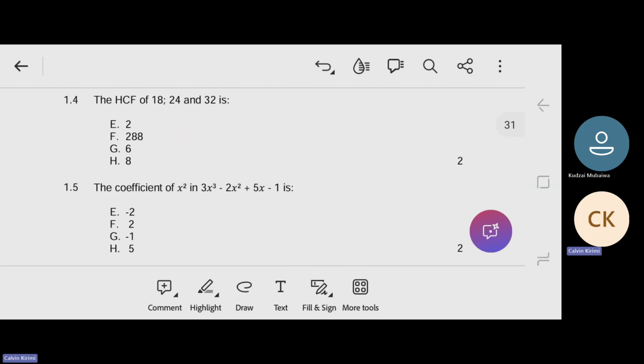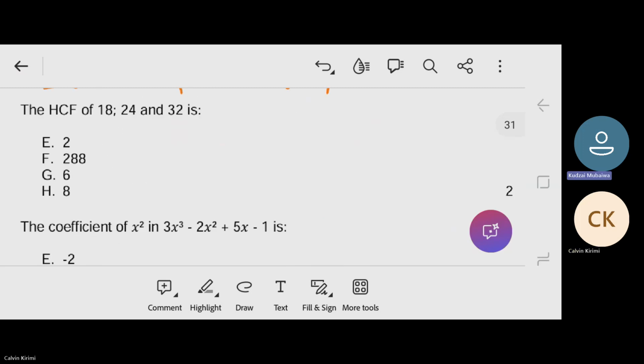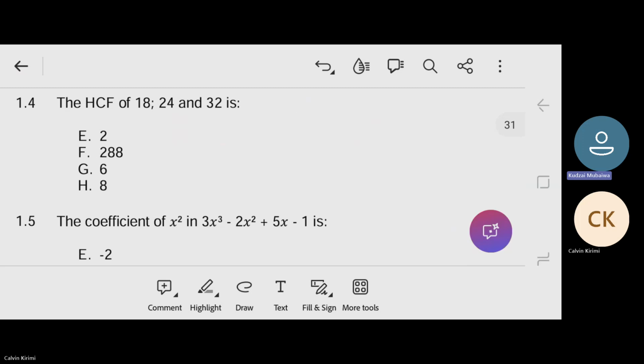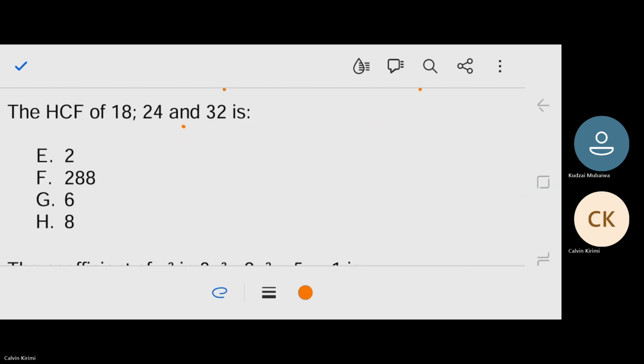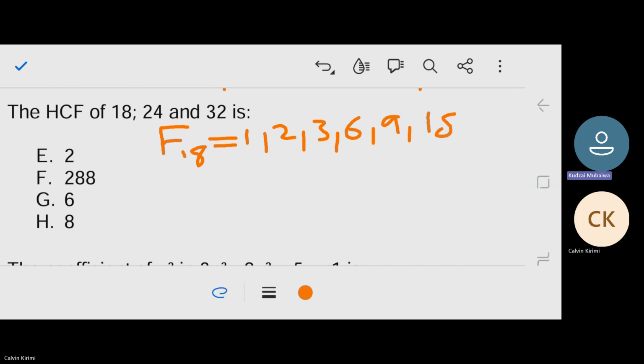Highest common factor of 18, 24, and 32 is what? Let me write it down. Factors of 18: 1, 2, 3, 6, 9, and 18.